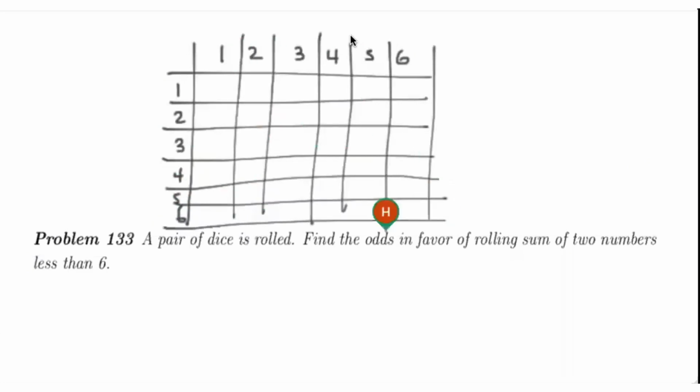Sum of two numbers less than 6. If it's just 6, I don't include it.